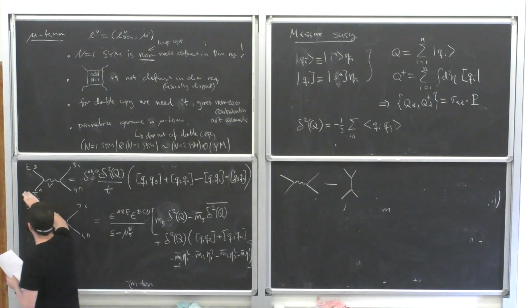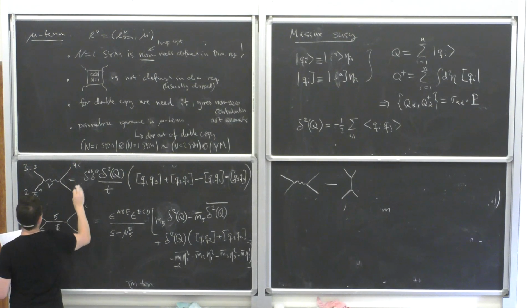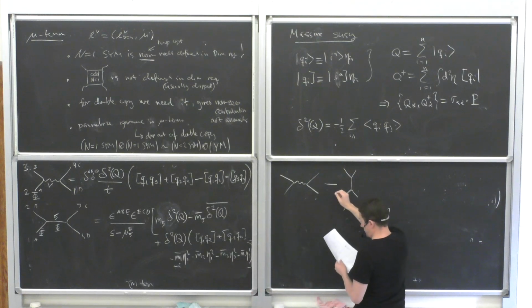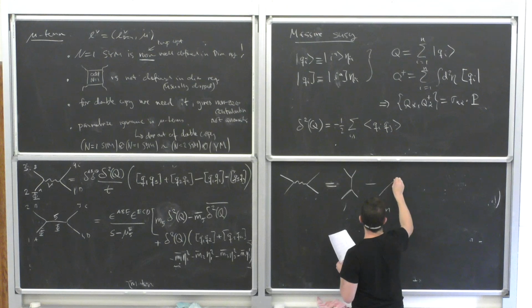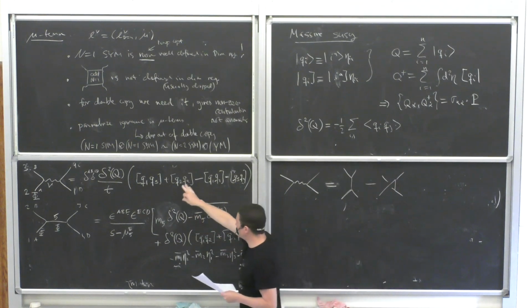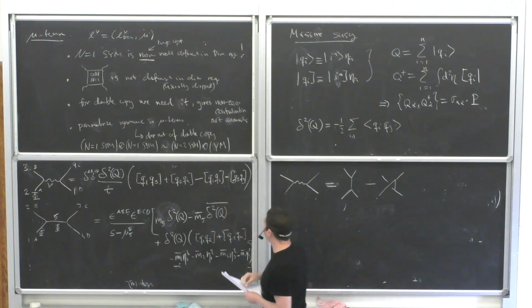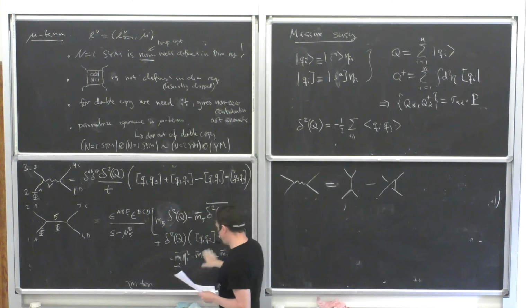Yes, this is T, so this is 2, 2, 3, 4, 1. So this thing here is equal to that minus that. You can check that the numerator here is equal to 2 of these numerators, but with permuted legs. Basically, this factor gives that, and then the other permuted guy gives that, and all the other terms cancel out.